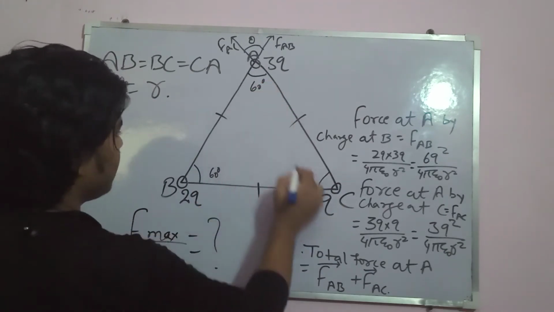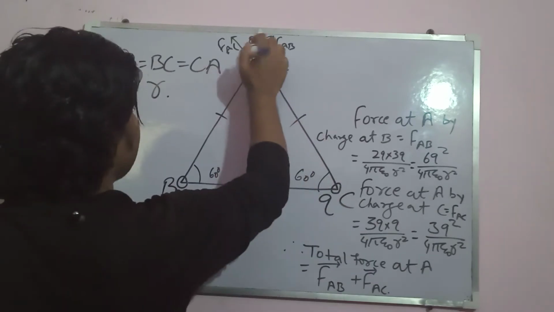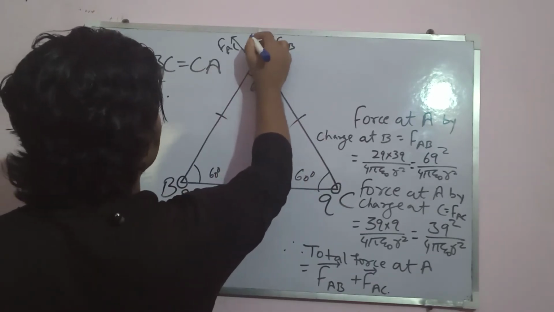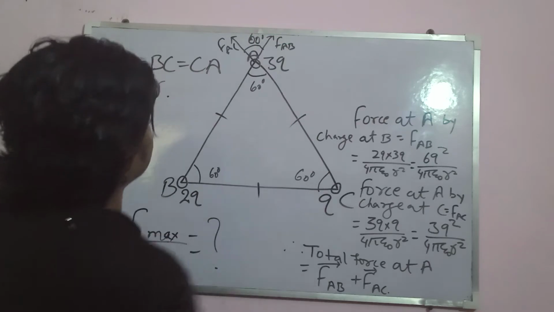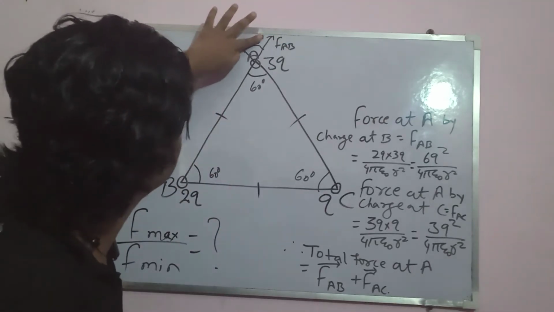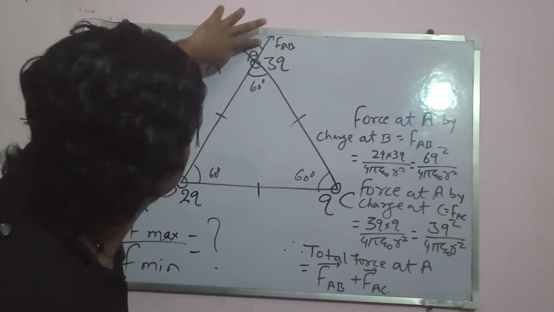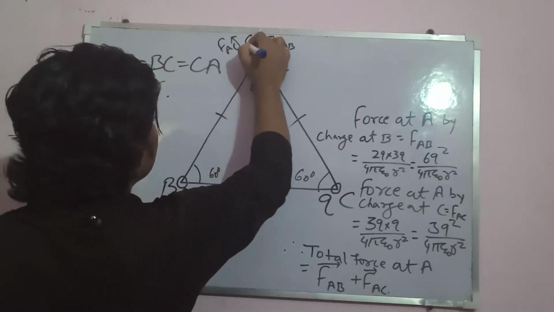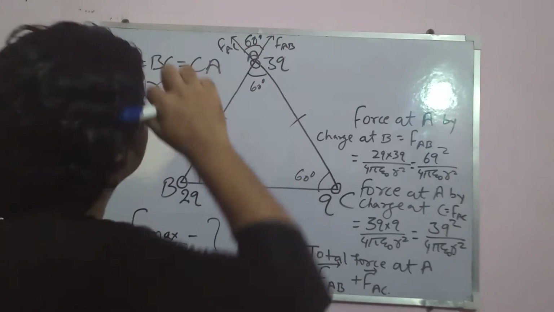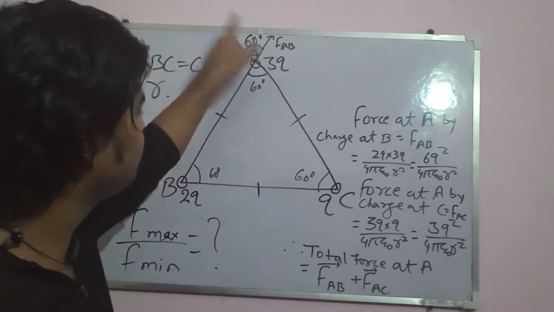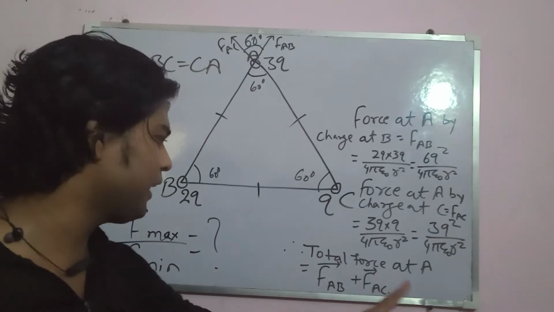So this angle is also 60 degrees. Now you have two magnitudes with the angle between them, so we can add them exactly.